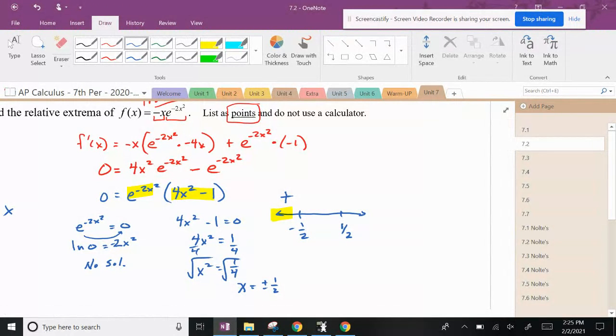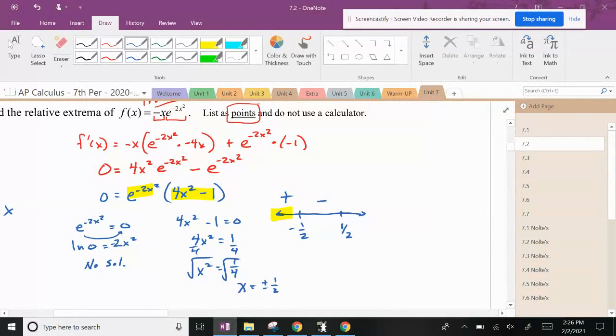Okay. What if I plug in a number between negative 1/2 and positive 1/2, such as 0? E to the 0 is 1. That's positive. So we have a positive on the first. If I plug 0 into the second, 0 minus 1 is a negative.